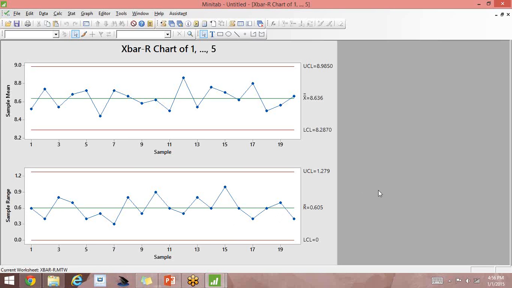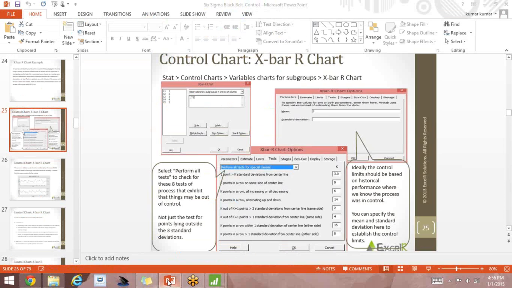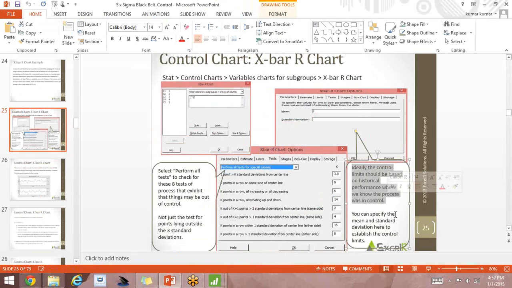The final statement that you as a statistician will make will be as simple as this. You will say that there are no outliers, hence the process is stable in statistical terms. So here also, look at this statement. Ideally, the control limit should be based on historical performance, where we know the process was in control.